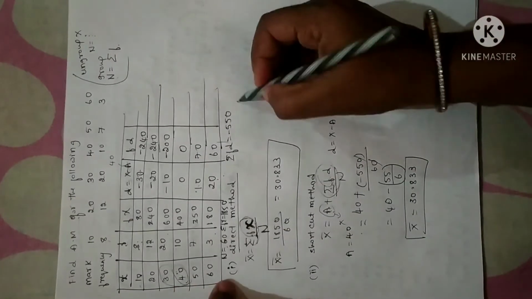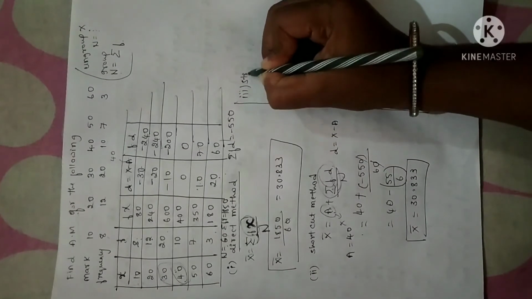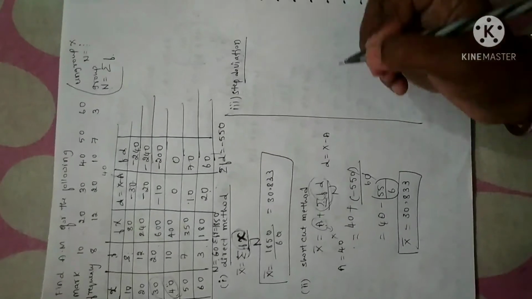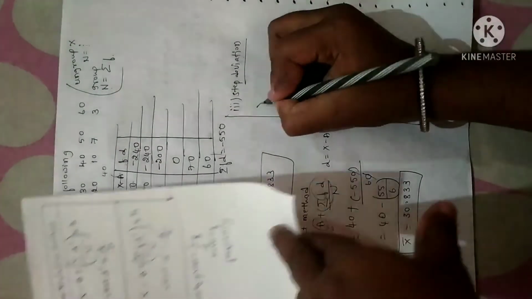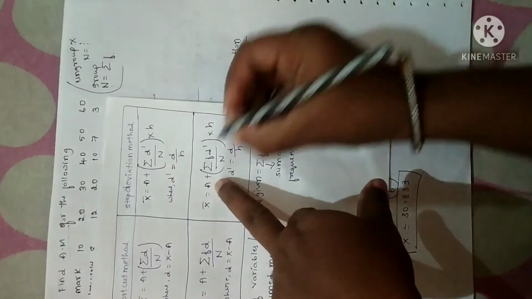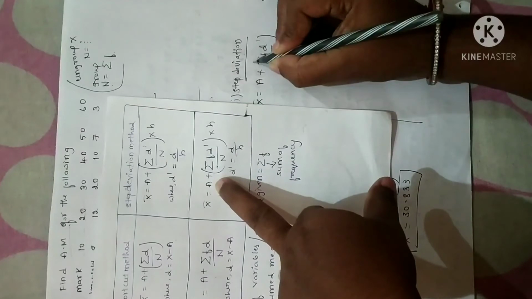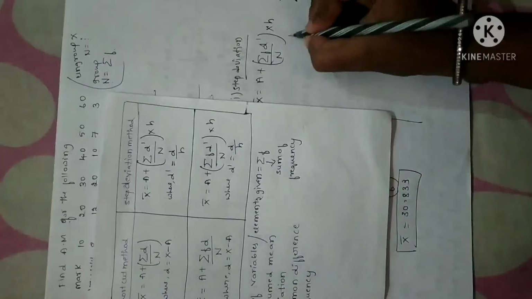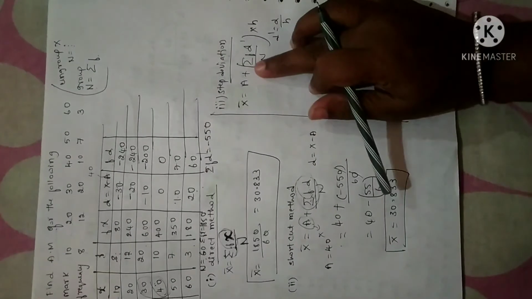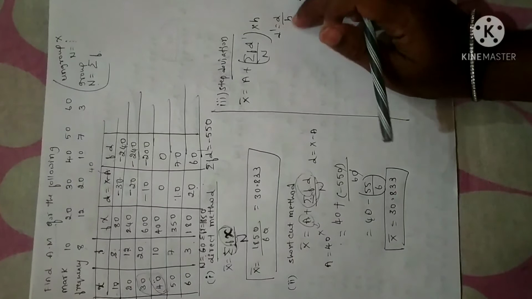Fine. Now let me do the third method. It is the step deviation method. So what is the formula for the step deviation method? Here it is: x bar is equal to A plus sigma FD dash into H, when F is given, where D dash is given by D by H. As usual in the calculation, the extra term is F. So D dash will be D by H. Before that I have to take the H value.